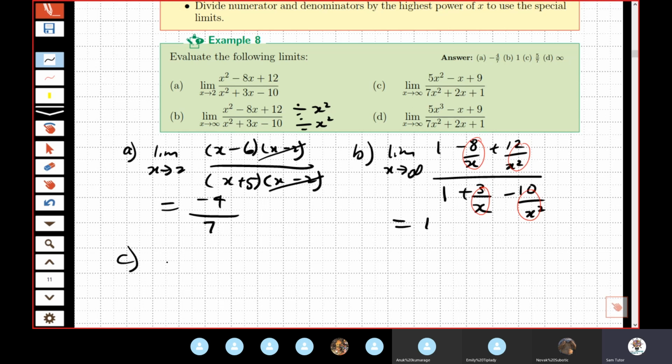C, do it again. Limit x approaches infinity. Divide everything by x squared. So 5x squared divided by x squared, you're left with 5. Minus x on x squared, you're left with minus 1 on x. I'm just going to write it.